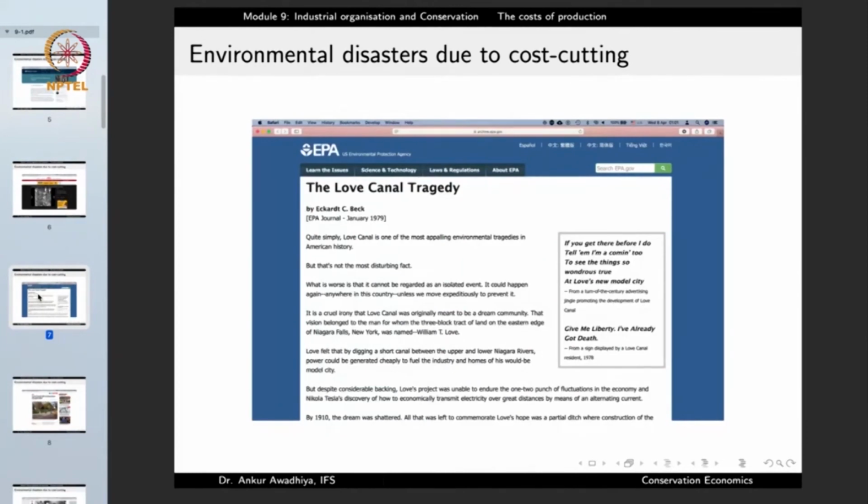Another environmental disaster due to cost cutting is the Love Canal tragedy. In this case, there was a firm that took untreated chemicals, industrial waste, and just dumped it into the Love Canal.